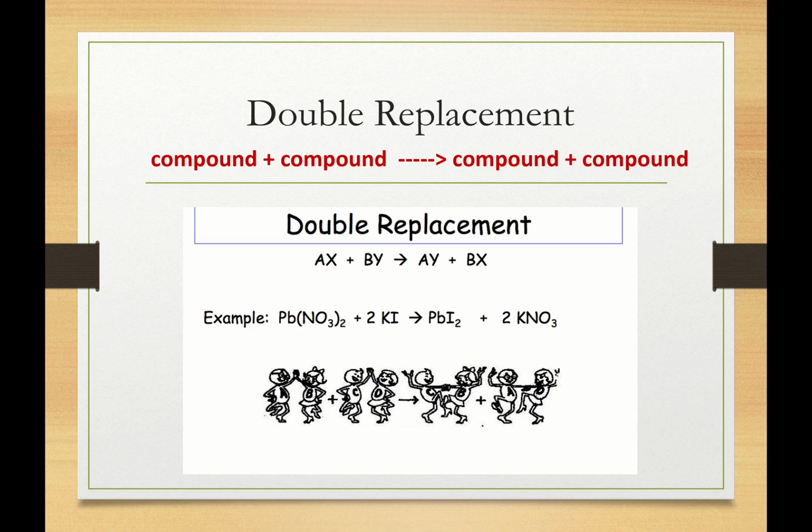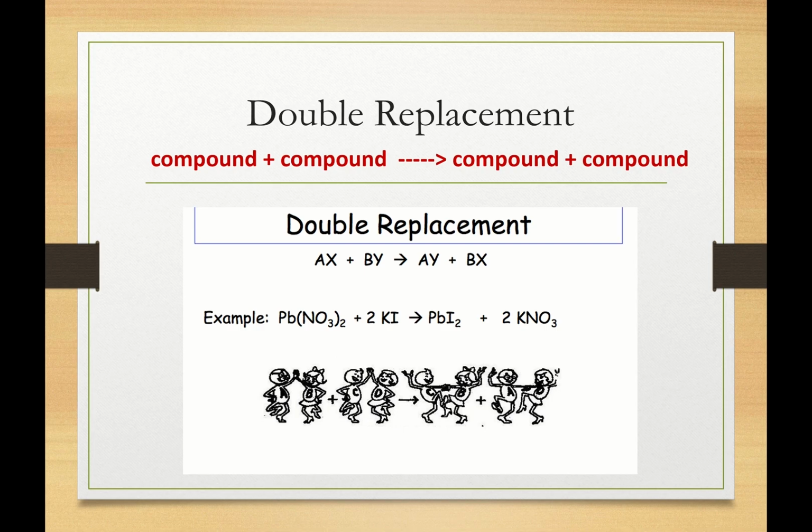So the usual giveaway to identify whether or not we have a double replacement reaction occurring is if your reactants are a compound reacting with another compound, and these two compounds will typically be aqueous solutions of ionic compounds.